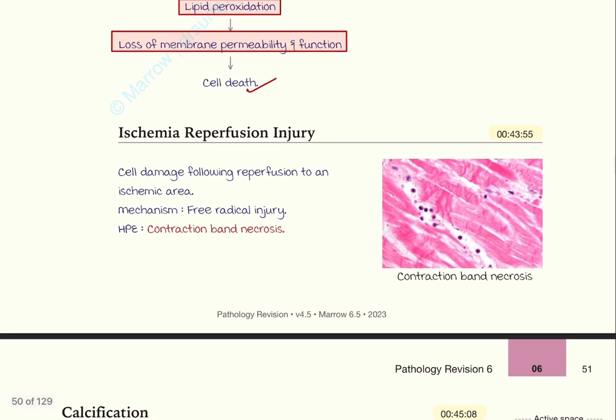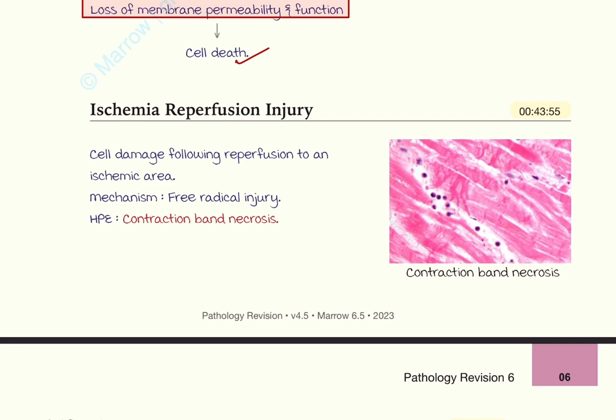Now coming to ischemia reperfusion injury. Ischemia reperfusion injury is where the cell damage is happening following a reperfusion, means already the area was under hypoxic changes for a long time, and after that there is reperfusion to that ischemic area, and that causes free radical injury to that particular area.